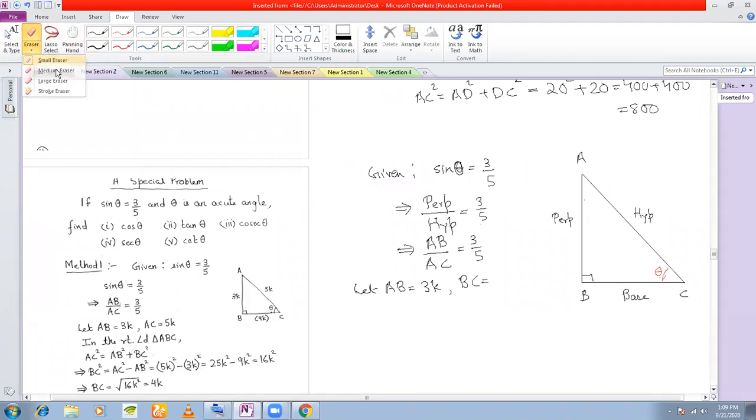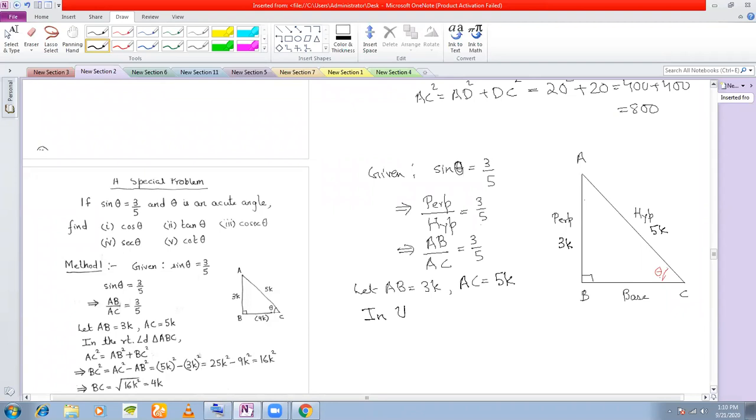So AC you get as 5K. So what are you getting here? AB is 3K, and AC is 5K. Only the base remains, which you don't know.